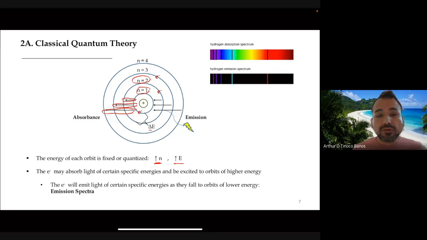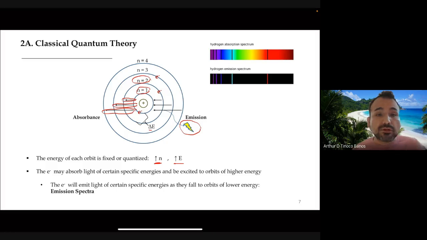Then you have what is known as an emission. So what is an emission? Essentially, it is a relaxation of the electron from a higher energy orbit to a lower energy orbit. So the energy that the electron acquired to go into the higher energy orbit is released. And how is it released? Well, as depicted here pictorially, it's just a cartoon, the energy is released in the form of a photon, something that we can visualize.